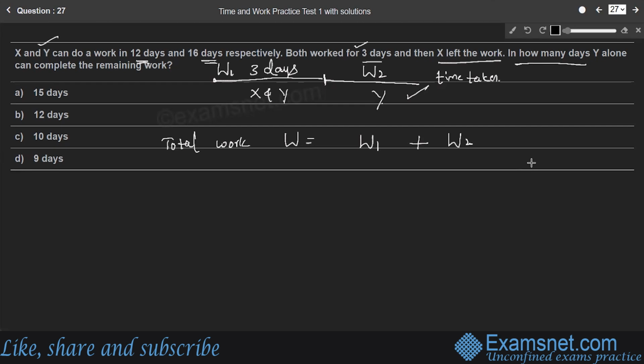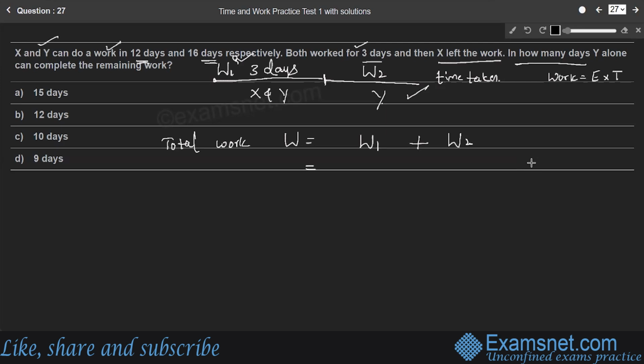So here, if we consider W as the total work, and W1 and W2 as the two portions of work, we'll take W1, the first portion of work. X and Y together complete W1 work in 3 days, according to the concept of work, which is always efficiency into time. Efficiency is nothing but 1 day work of a person.